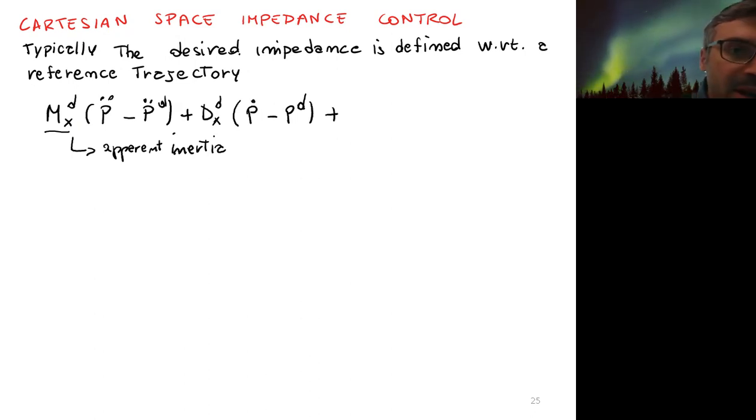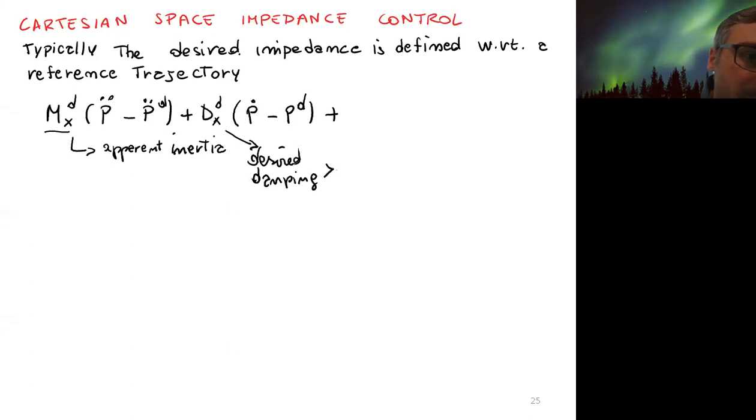Then we have a damping part, which is the desired damping. This should be positive definite. Of course, also the inertia should be positive definite. Finally, you have the desired stiffness.